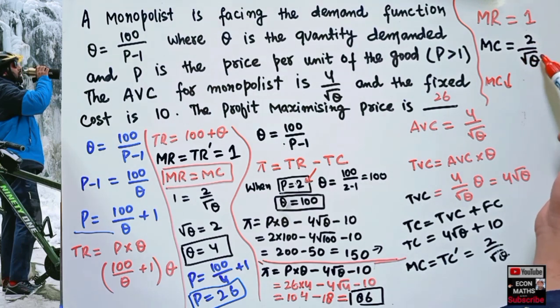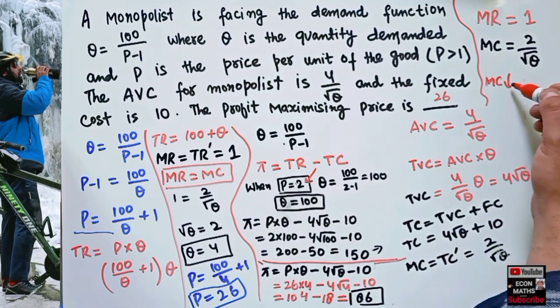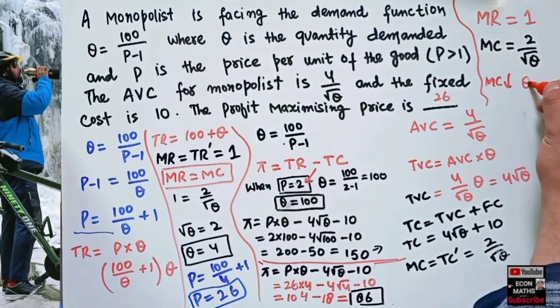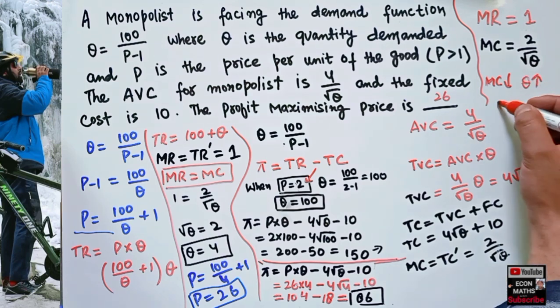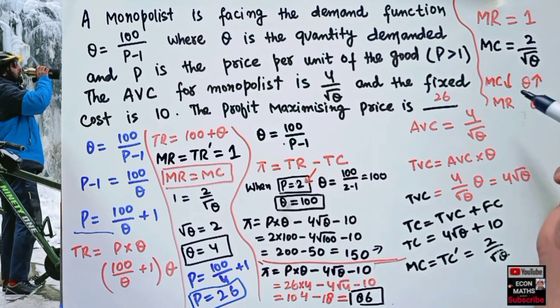2 divided by under root anything. So our marginal cost will decrease as our output increases, but our marginal revenue will remain constant as output increases. Okay, so our endeavor is to make marginal cost as low as possible.